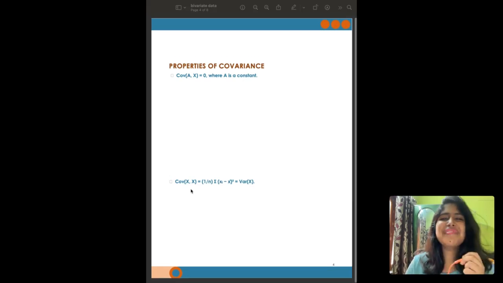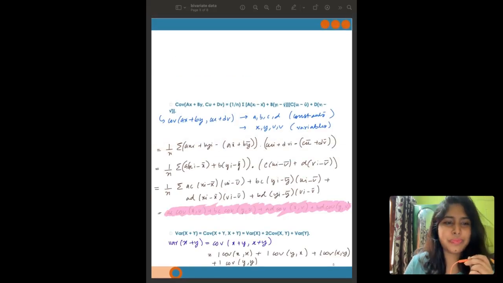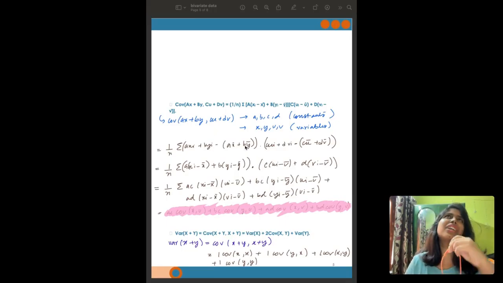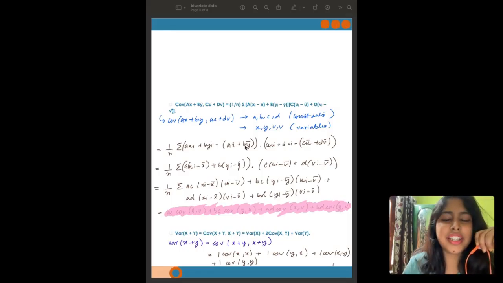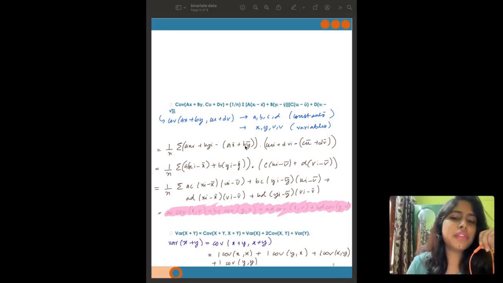All right. Now, coming to property number three. This property is a little fancy, it looks a little weird, but we can solve it by the distributive property of covariance. I cannot help you here, because for properties number 3, 4, and 5, you need to write them down with your pen in your copy, okay?